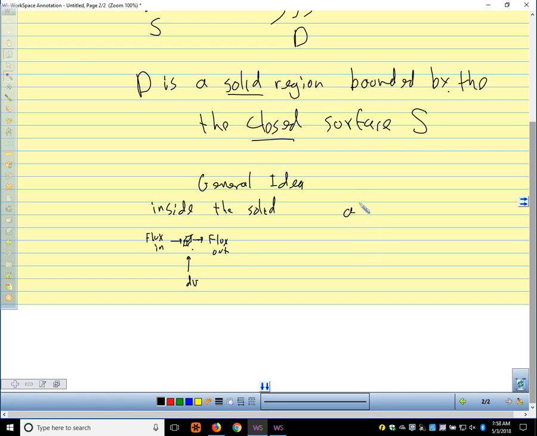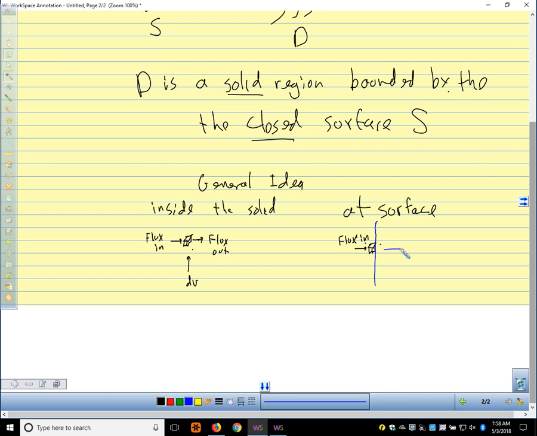But at the surface, when the field, whatever it is, the material, flux in, here's our surface.